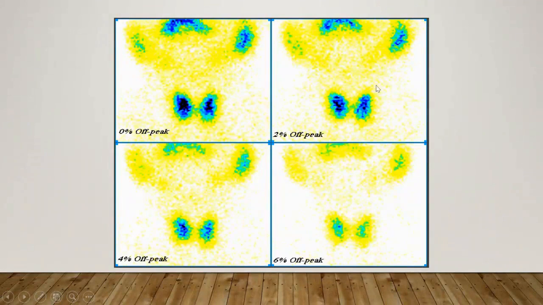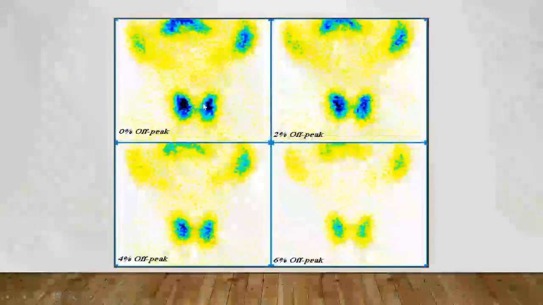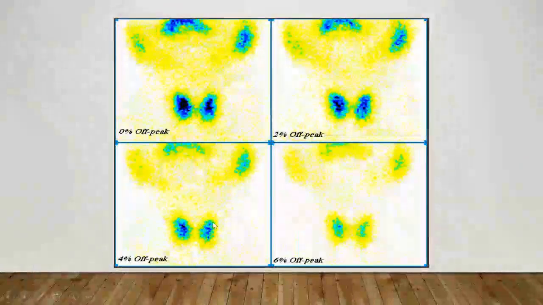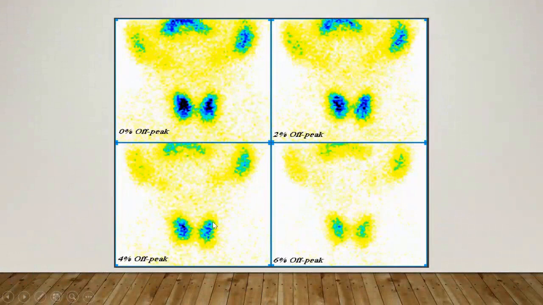Here the counts are high, here the counts are a bit lower, here the counts are completely absent, and here the counts are very low. Why have the counts become weak? The whole idea is that you have a problem with the quality control.